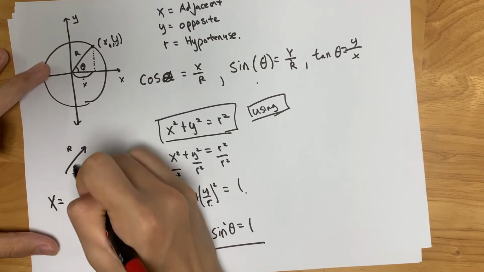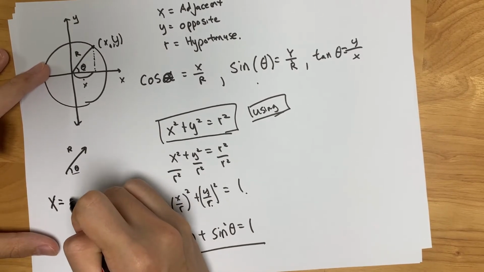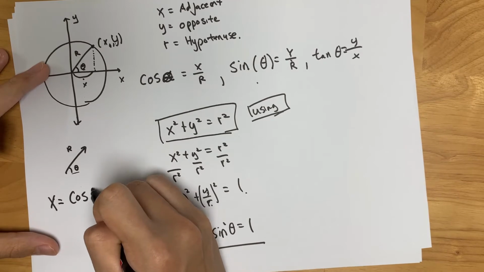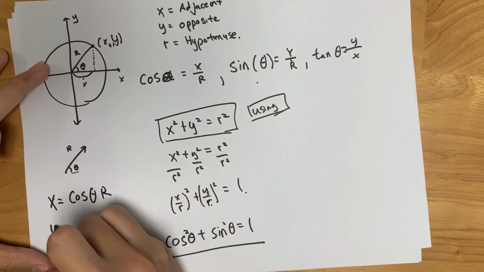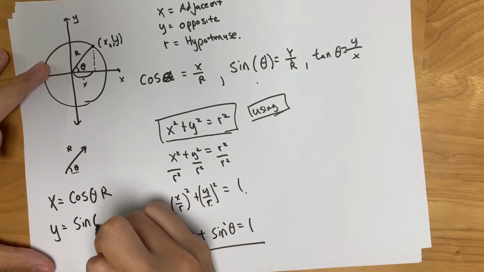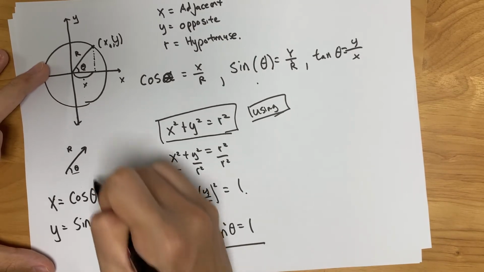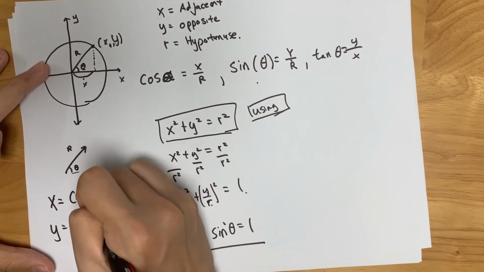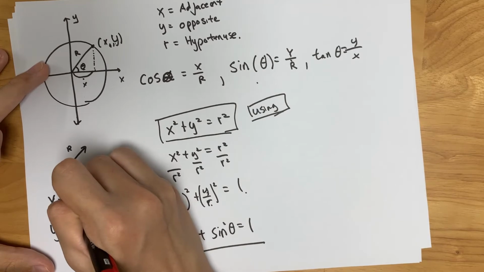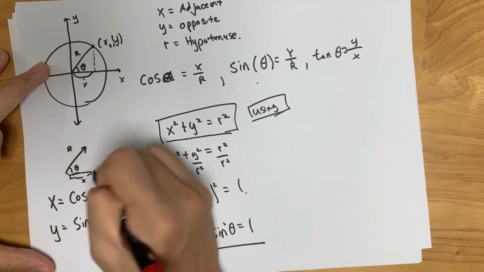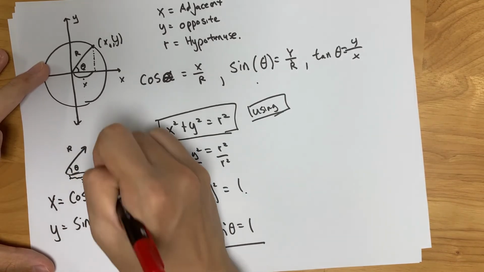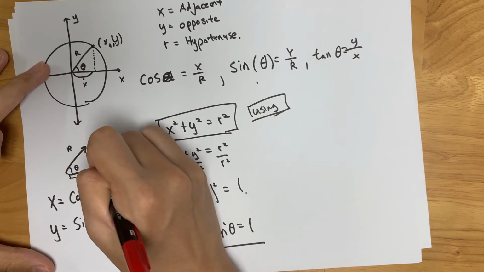Please don't forget. X is equal to r cosine theta, and y is equal to r sine theta. R multiplied by cosine theta will represent this value, and r multiplied by sine theta will represent this value.